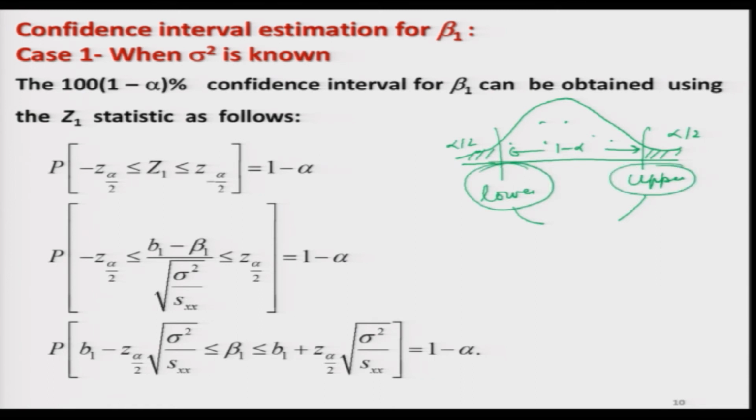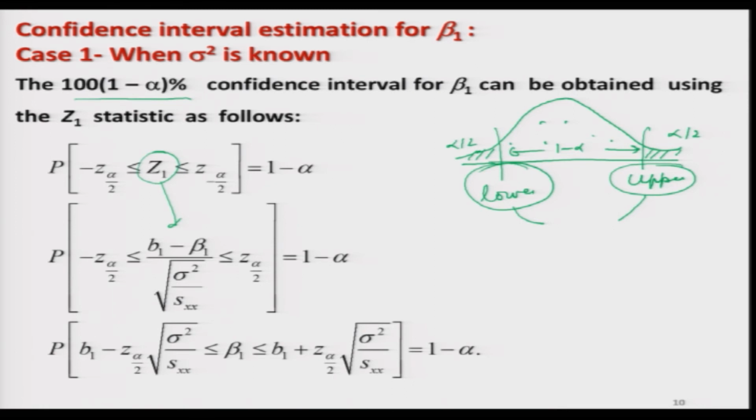So, what we try to do here, that we are assuming that my confidence coefficient is 1 minus alpha. So, 1 minus alpha % confidence interval for beta 1 can be obtained in this case using the Z1 statistics, right. So, Z1 is nothing but B1 minus beta 1 divided by standard deviation of B1.